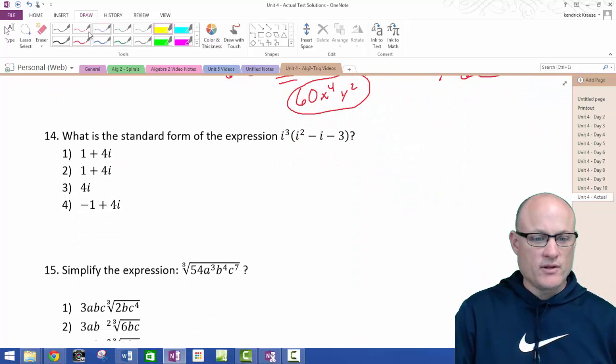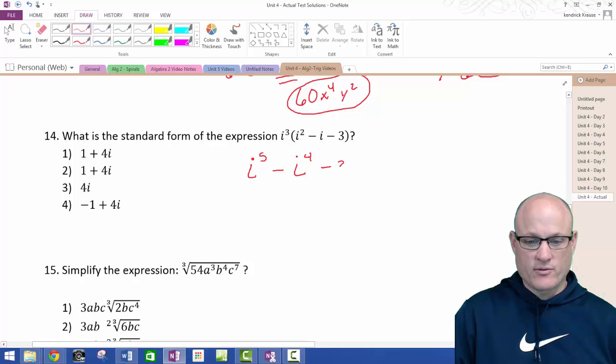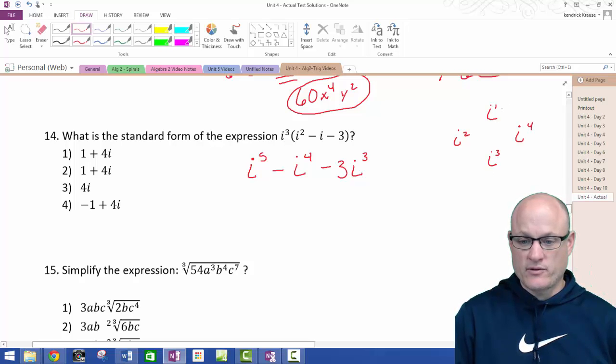Okay, so on this one we're going to distribute, and I get i to the 5th minus i to the 4th minus 3i cubed. Now, if you remember the i circle, i to the 1st, i squared, i cubed, i to the 4th. This is just i. And this is -1, and then everything else is opposite this. So on this side, opposite this would be +1. On this side, opposite this would be -i. So i to the 5th is kind of tricky.